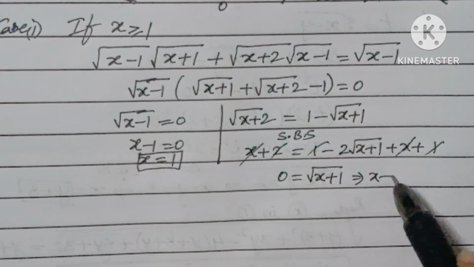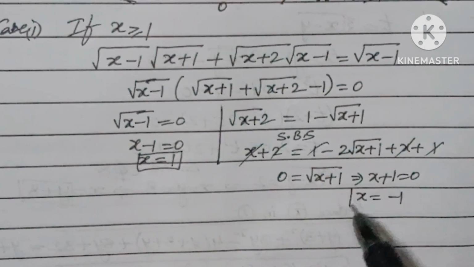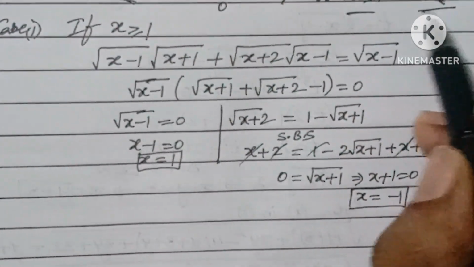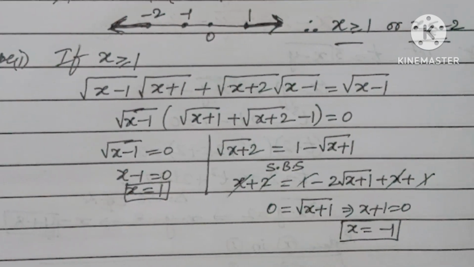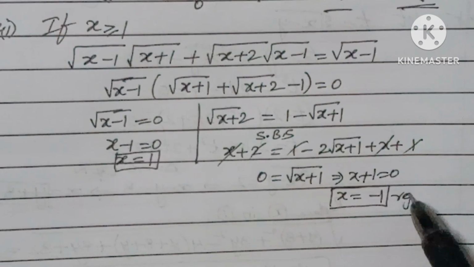That implies x plus 1 equal to 0, x is equal to minus 1. But here we have the condition that x is greater than or equal to 1 or x is less than or equal to minus 2. So that's why this is rejected.